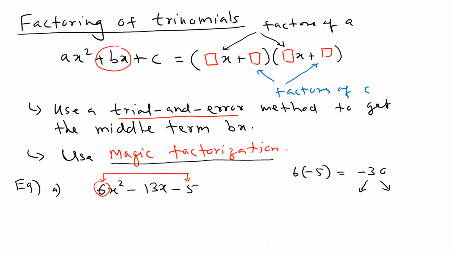The two factors that work are negative 15 and 2, because when you add them you get negative 13, the middle coefficient. That's the first step.